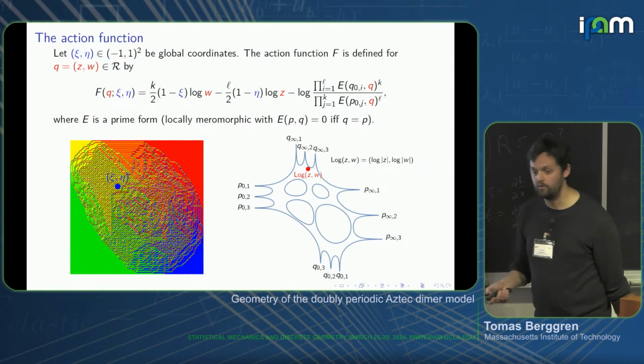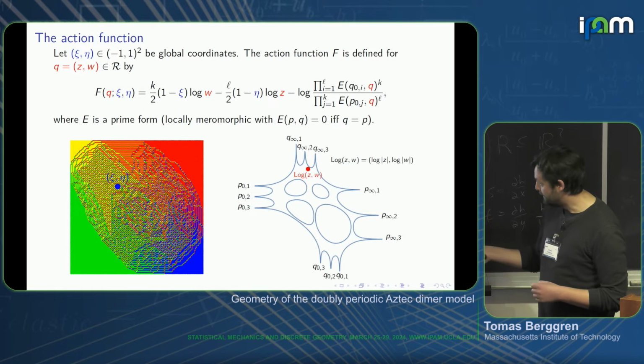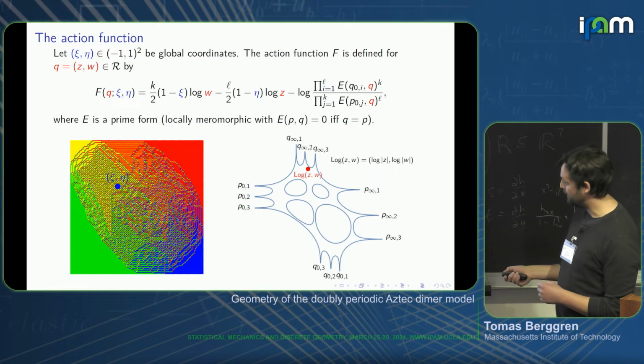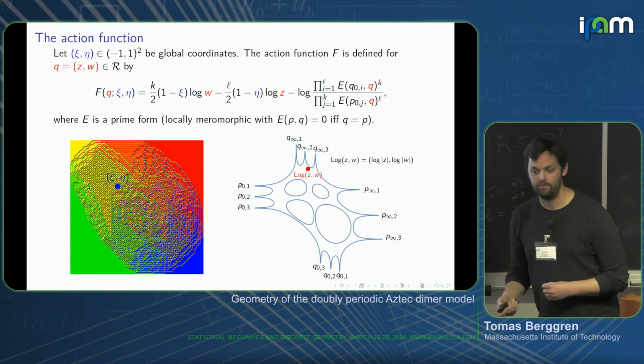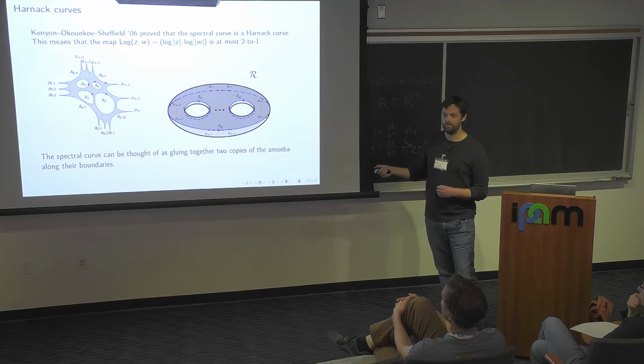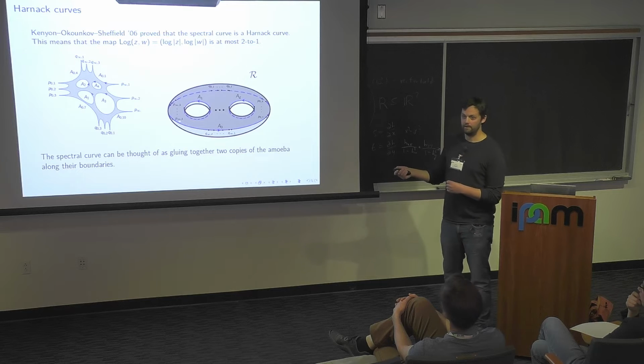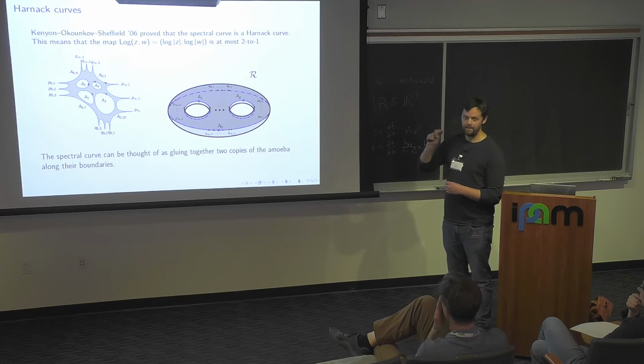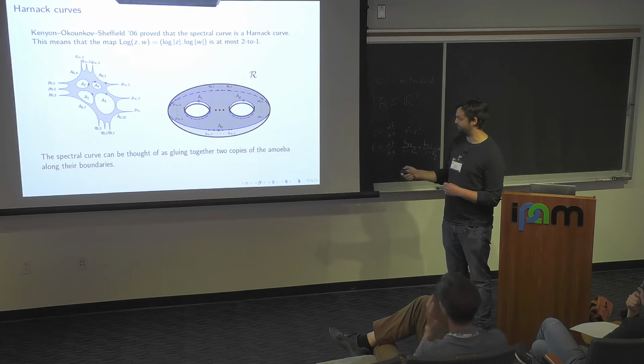So that means the points at this set of points at infinity, and it's 0 at this set of points at infinity. Yeah, maybe I should have said that. We compactify this spectral curve by adding the points at infinity over here.